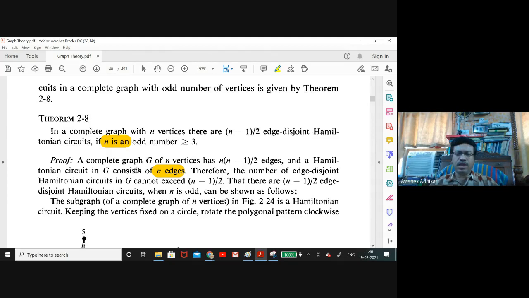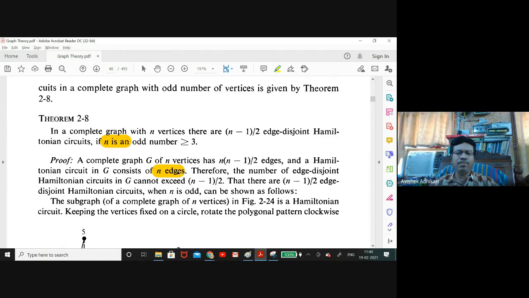Therefore, the number of edge disjoint Hamiltonian circuits in G cannot exceed this. See, this was n into (n minus 1)/2 edges, the total number of edges, and in each Hamiltonian circuit there are n edges.